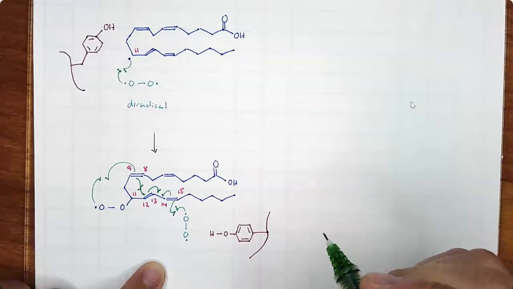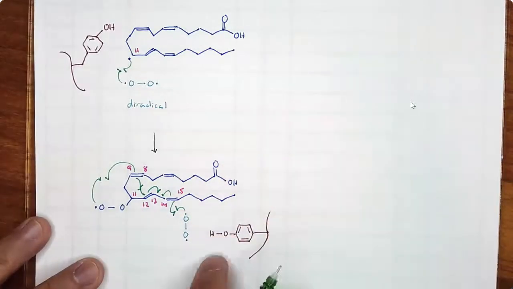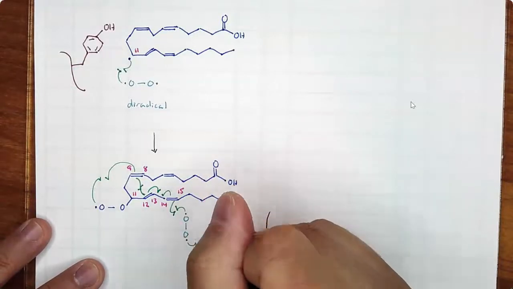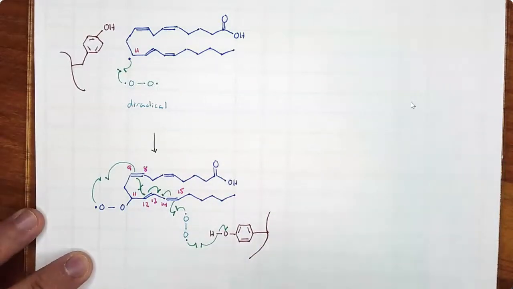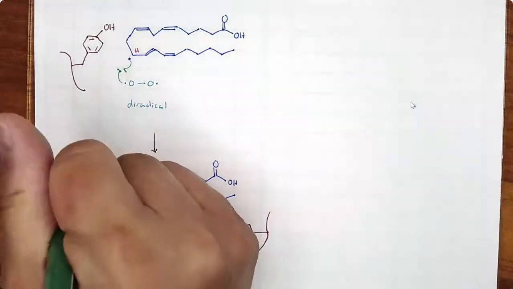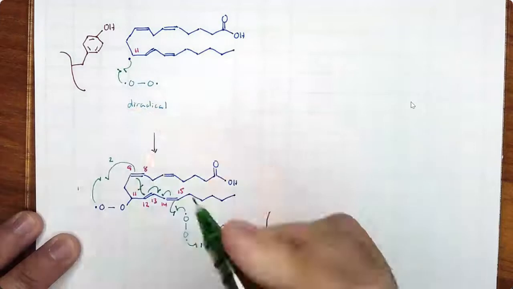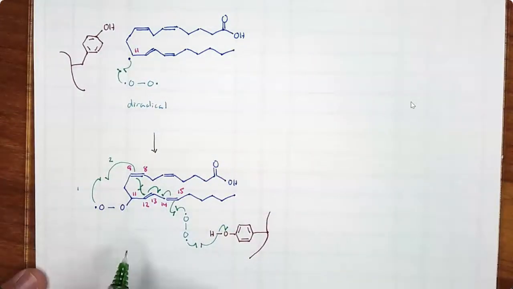And then finally, we remove this hydrogen and remake the tyrosyl radical. The way I would try to remember this is make this your first mechanism arrow, and this the second, and then it sets off a cascade effect.